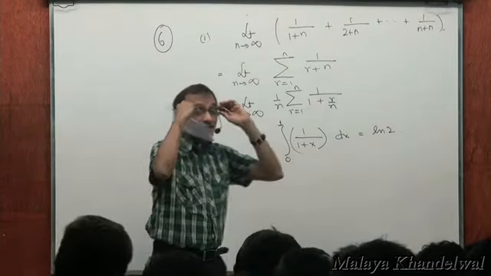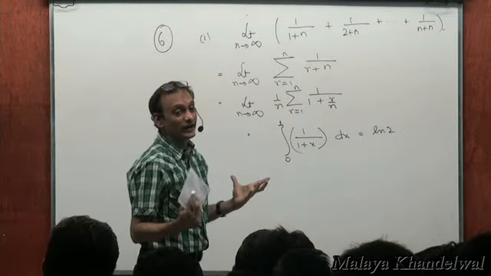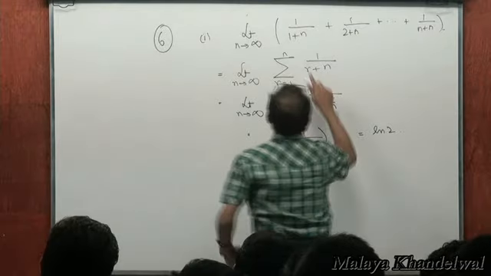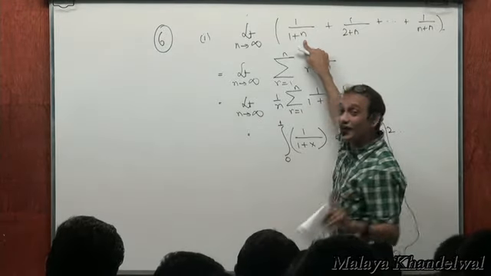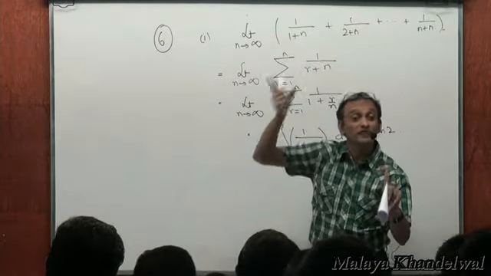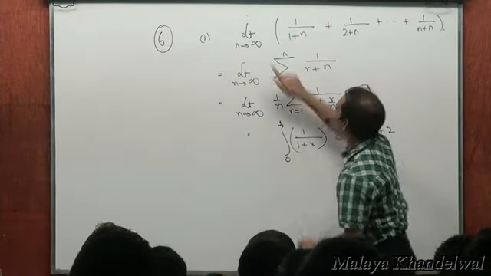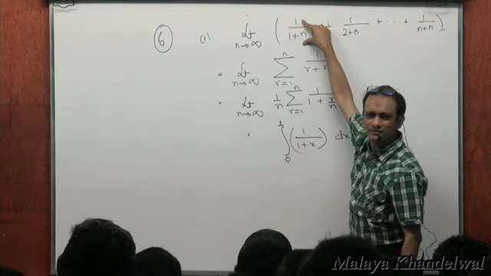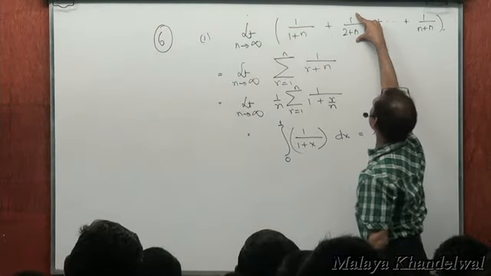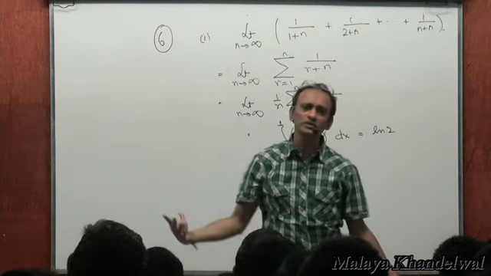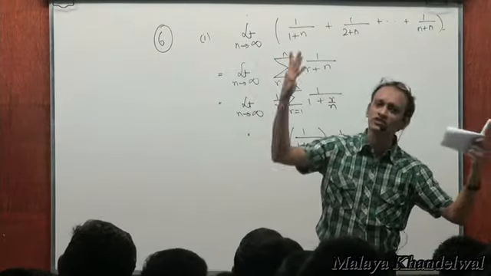And someone might say, all right, as n tends to infinity, I'll tell you the faulty thinking that could prevail sometimes. Just to ward you off that faulty thinking, one might say as n tends to infinity, this tends to 1, this tends to 0, this tends to 0, this tends to 0. So 0 plus 0 plus 0, all the way.